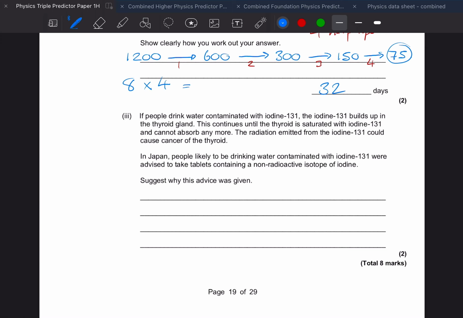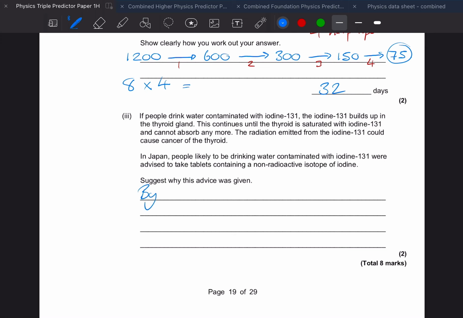So, if we're told that there's a limit until it becomes saturated, basically, if they saturate themselves with non-radioactive iodine, it will reduce the amount of radioactive iodine that can be absorbed. So let's say something like this.